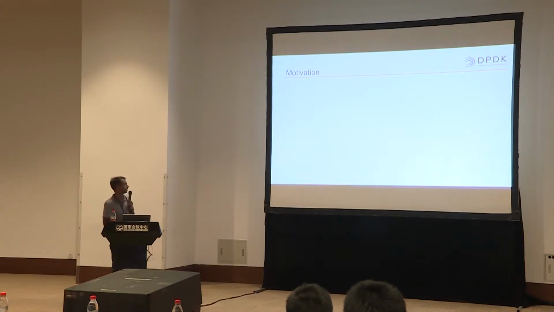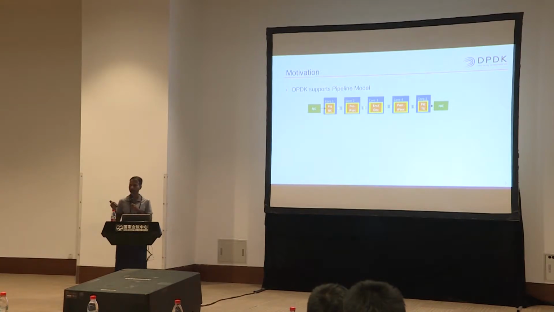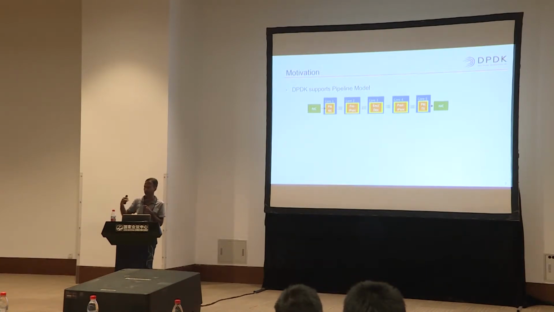So coming to the motivation. Today morning we talked about the pipeline model of packet processing in DPDK. Just to be brief here, what happens in the pipeline model is you take the whole packet processing loop and cut that down into smaller chunks, and each chunk will run on one or multiple CPU cores.